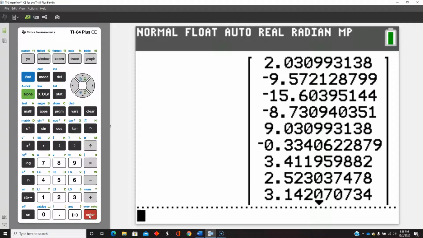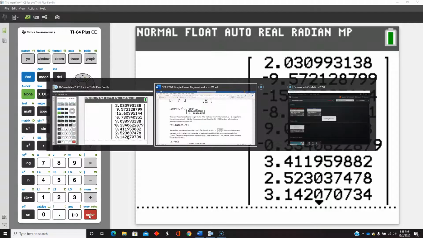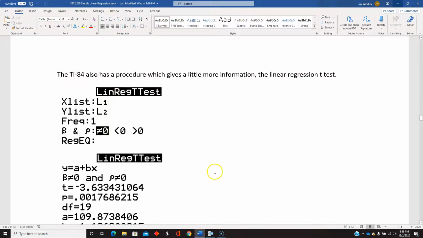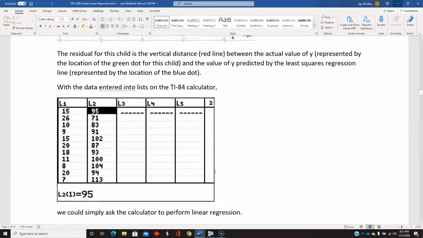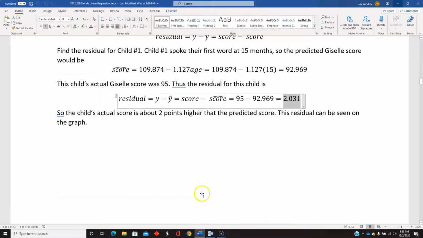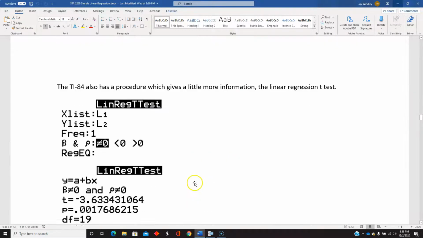So we have the residuals in a matrix that's 21 by 1 also. And notice the very first residual is 2.03, which is exactly the residual we got up here when we put it into the equation.